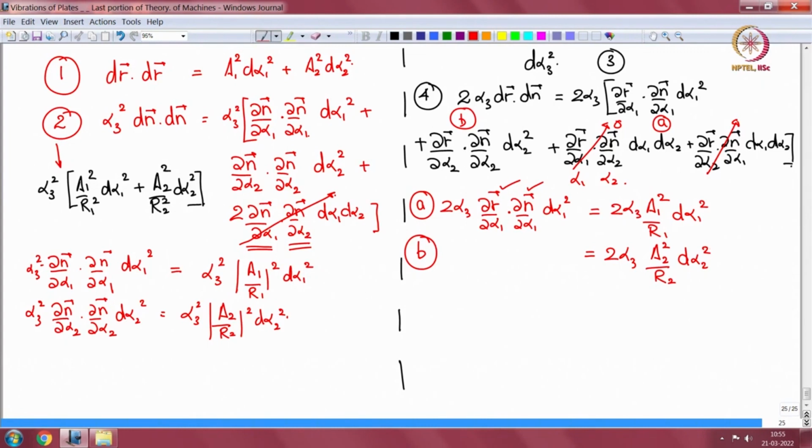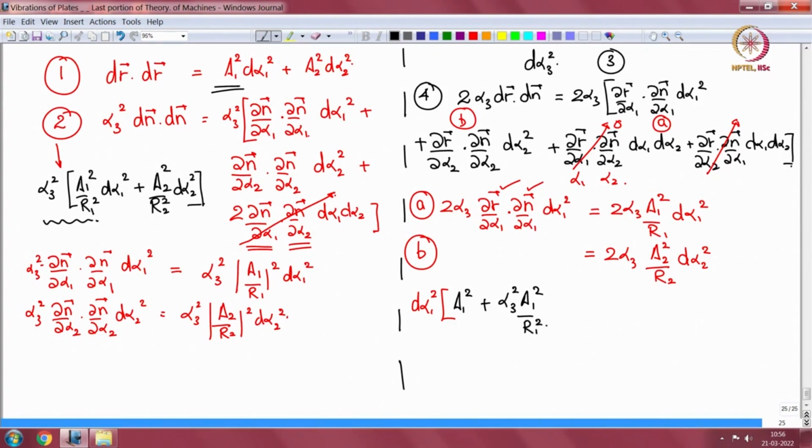Okay. So, now we have, let us say, d alpha 1 squared. Then I have A1 squared, I have this term. So, I have A1 squared plus alpha 3 squared A1 squared by R1 squared.